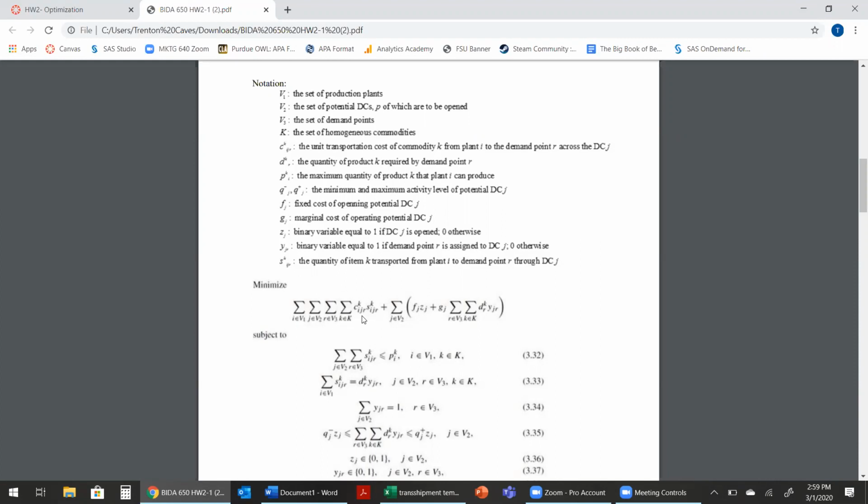So the first portion of our minimize function is looking at the cost of commodities shipped from our plants through our distribution centers to our demand point.